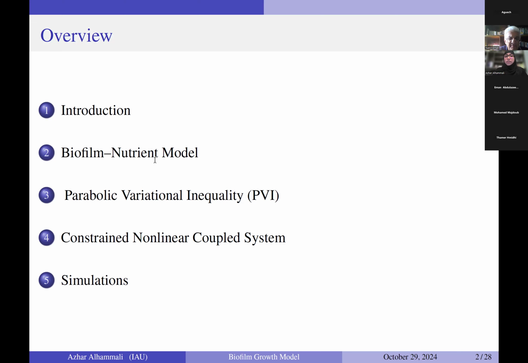You are going to see that it's a coupled system of two PDEs. One of them can be characterized as a parabolic variational inequality. To analyze this model, I'm going to start by analyzing the PVI first, and then I'm going to generalize the results to the coupled system. At the end, I'm going to present some simulations.